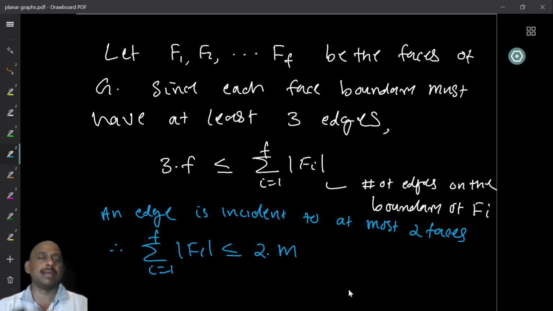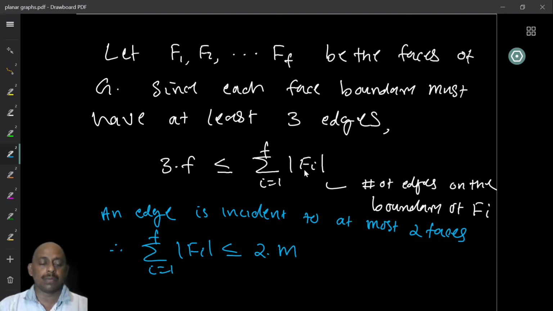The length of the face is the number of edges in its boundary, denoted by mod fi. So the summation for i equal to 1 to f of the length of fi, for each fi it is at least 3, is greater than or equal to 3 times f.